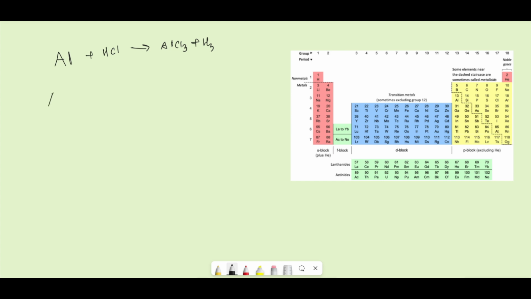Alright, so I'll write down on the reactant side, you have aluminum, you have hydrogen chloride, and then on the product side, you have aluminum chloride and hydrogen.